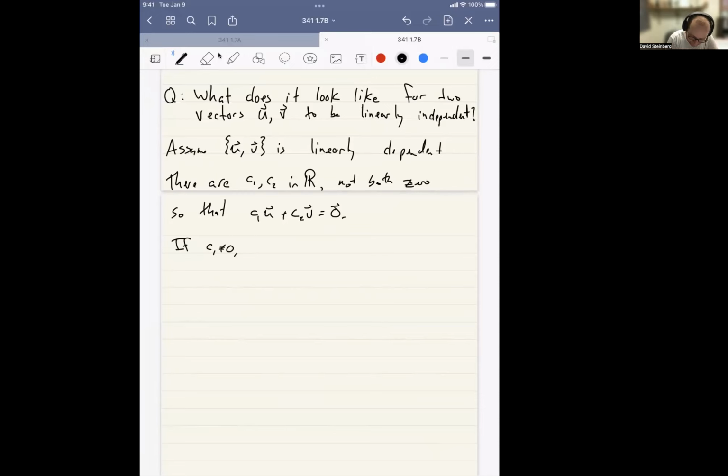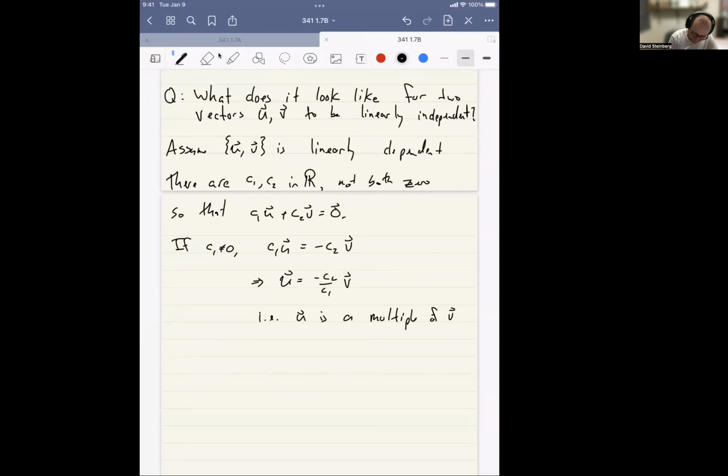And we can get c1u is equal to minus c2v. And if c1 is non-zero, we can say, well, actually, u is just minus c2 over c1 v. Okay, so in this case, u is a multiple of v.